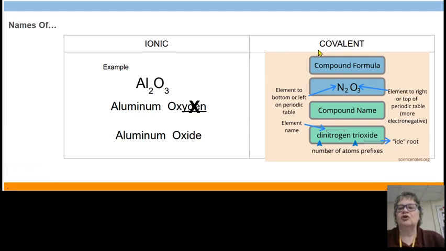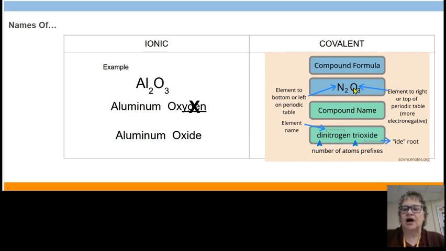Okay? For covalent compounds, we're going to again write the element name, right? So nitrogen, but the number of them now is a prefix. And so the number 2 is the word di. You can find that on the back of your periodic table. Okay?